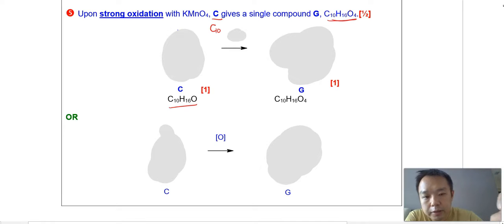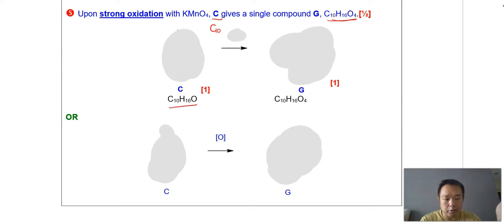It's important for you to know that in this case, it is unlikely that the CC double bond will break into two. The only way where the CC double bond breaks into two and still remains connected is when the CC double bond is part of the ring. So when you break, one part of the ring basically opens up and is still connected. And that's how you prevent a loss of any carbons.